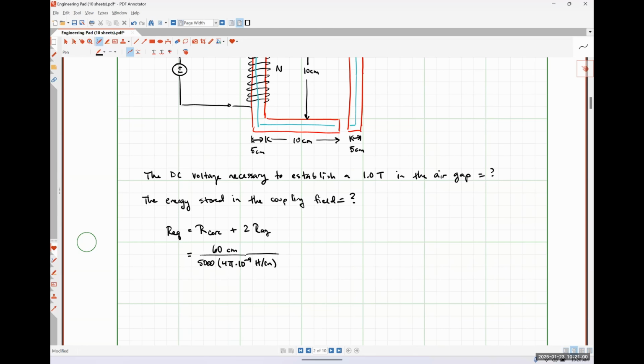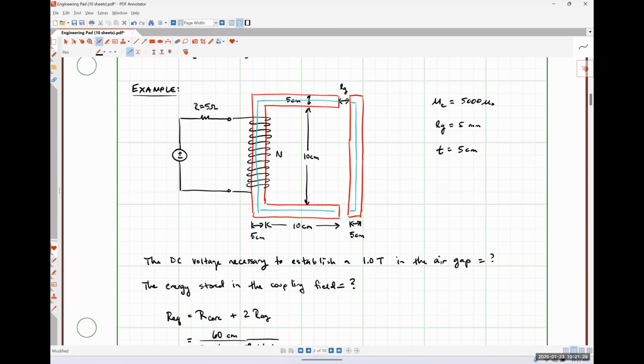Where did I give you guys the thickness? Yeah, that's what. 2 times.